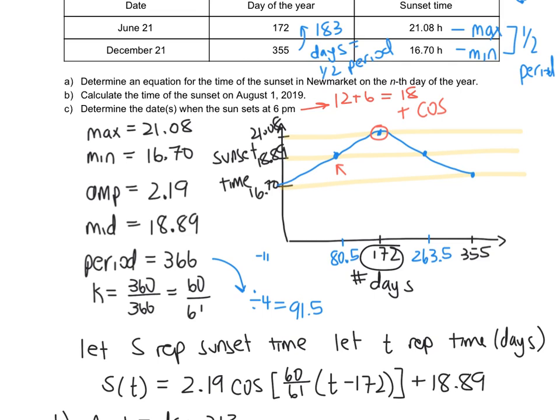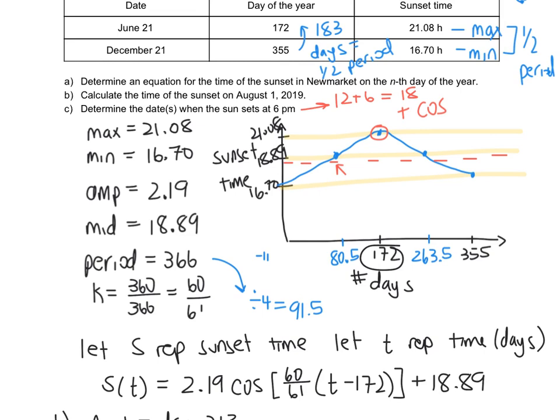Now in this scenario, we cannot just look at our little sketch. The sketch can give us a general idea. I mean, if I want 18, I'm somewhere just below my midline. So I know that that day should be a little less than 80.5 and a little more than 263.5.